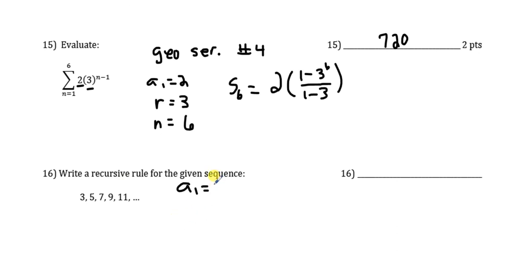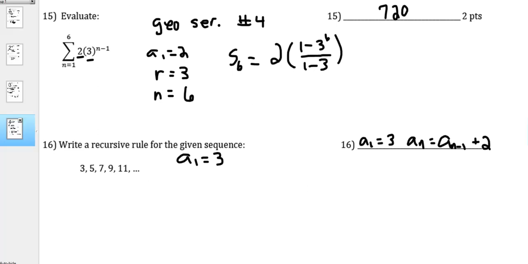So if I write the formula as A1 equals 3, and then AN is equal to the term before it, A to the N minus 1, which in this case would be 3, and then I'm going to add 2 to it. So my next term is going to be 5. The term after that's going to be 5 plus 2, which is 7. And that's how you write it in recursive form.